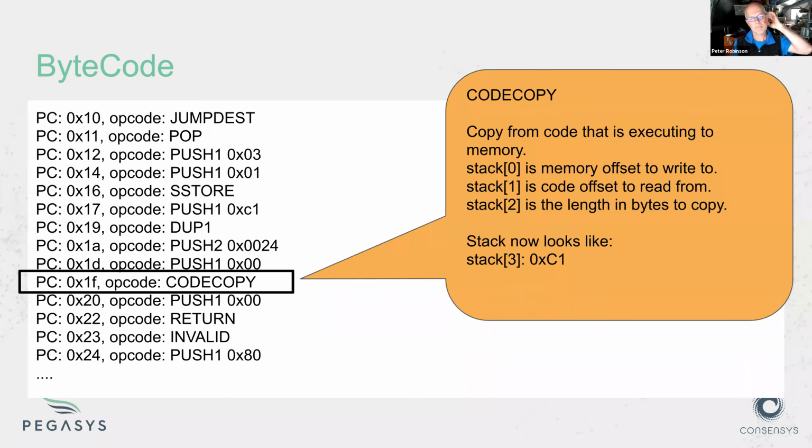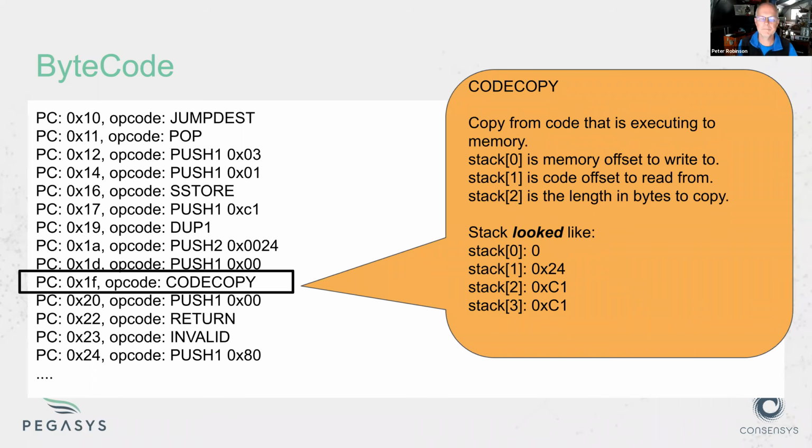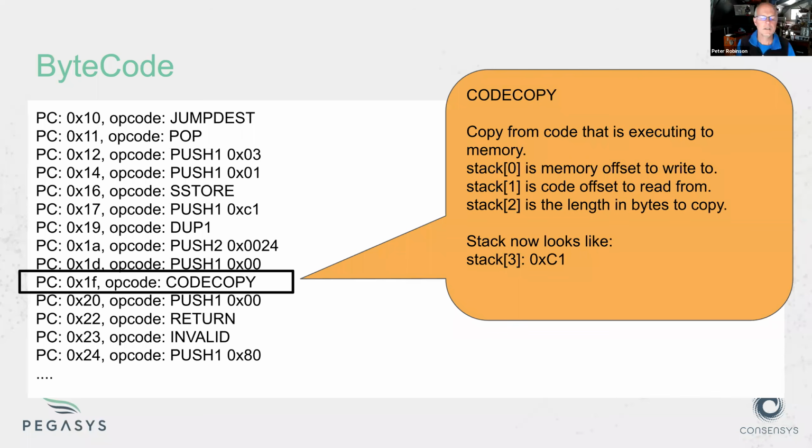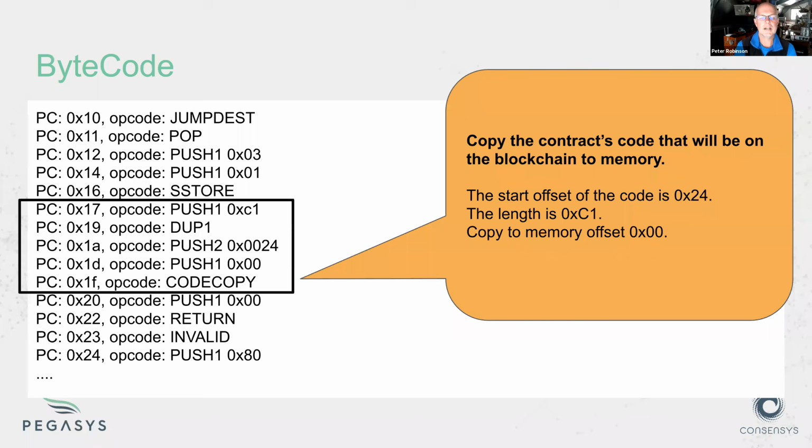So we copied the code. Overall, that block was copy the contract's code that's going to execute on the blockchain, that we want to have on the blockchain, to memory.